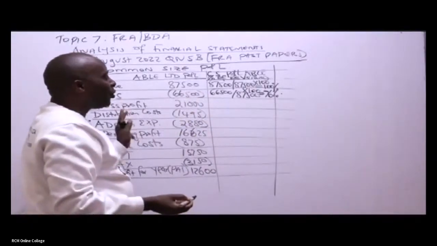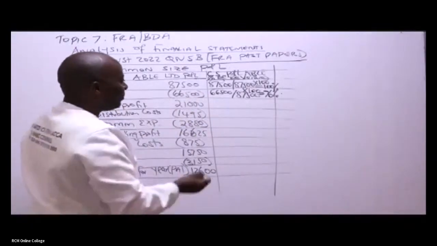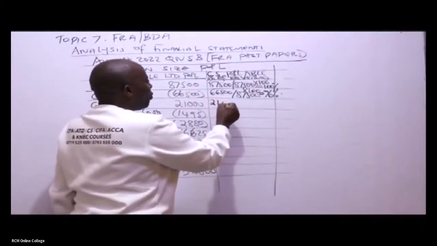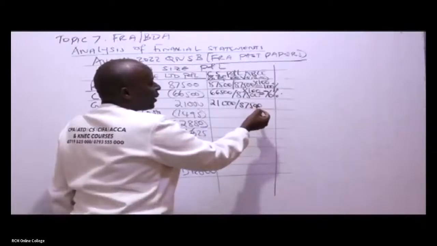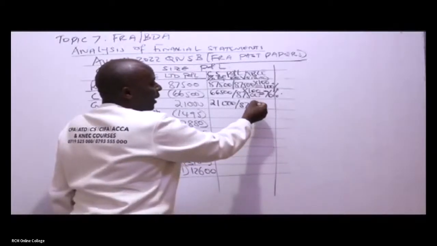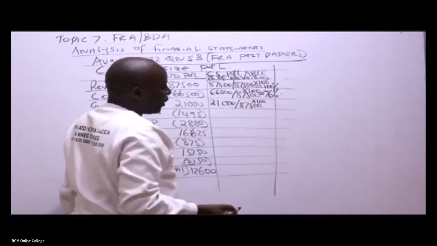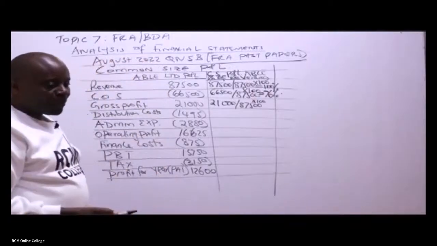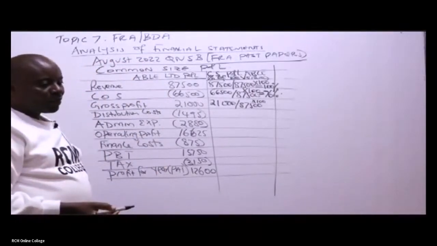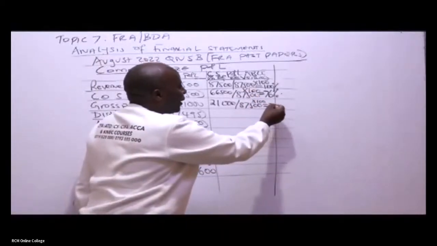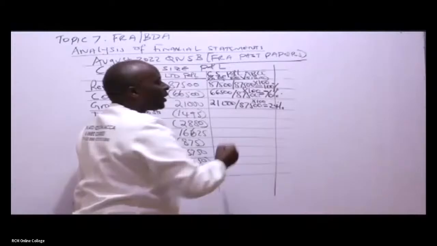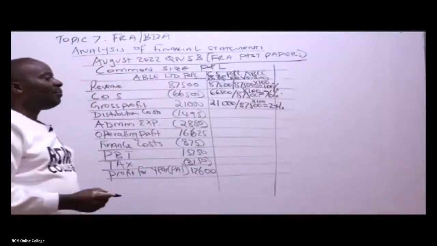You come to each item, it will be 21,000 divided by 87,500, times 100. Tell me in this case here, what do we have there? You can as well take this minus this. So this gives us 24%.